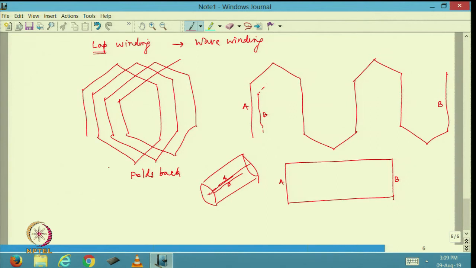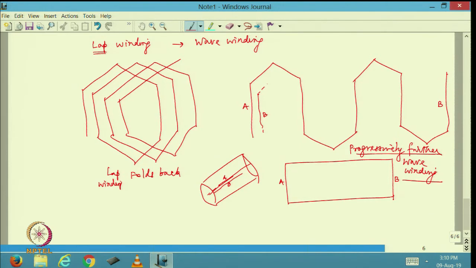So this is essentially lap winding, whereas here this is going progressively further and further. So this is essentially wave winding.